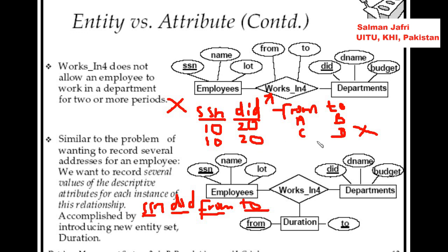So this row now would become acceptable in this particular diagram. So we should be very careful when we are modeling so that data is easy to add into our design.